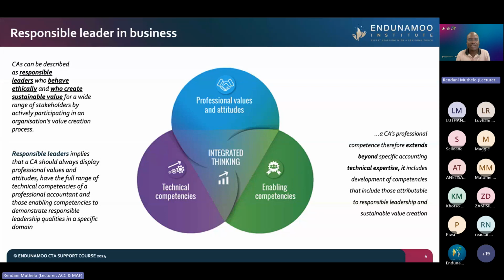What does that mean? One of the things it means is we are very good at what we do. That's how we are described. Just imagine, you get into a room and you say, before I introduce myself, I'm a CA. That's how you need to enter a room. Actually, you should say, I'm a CA(SA), because that's how it is.